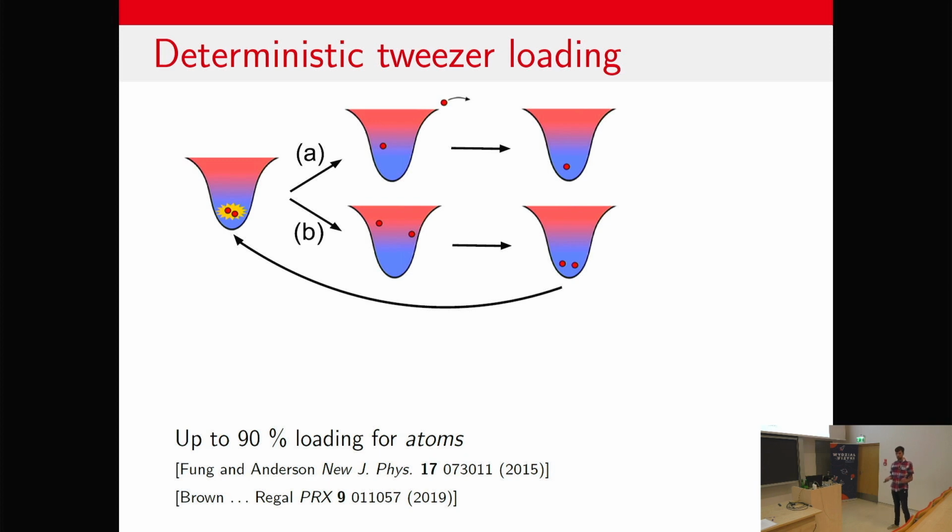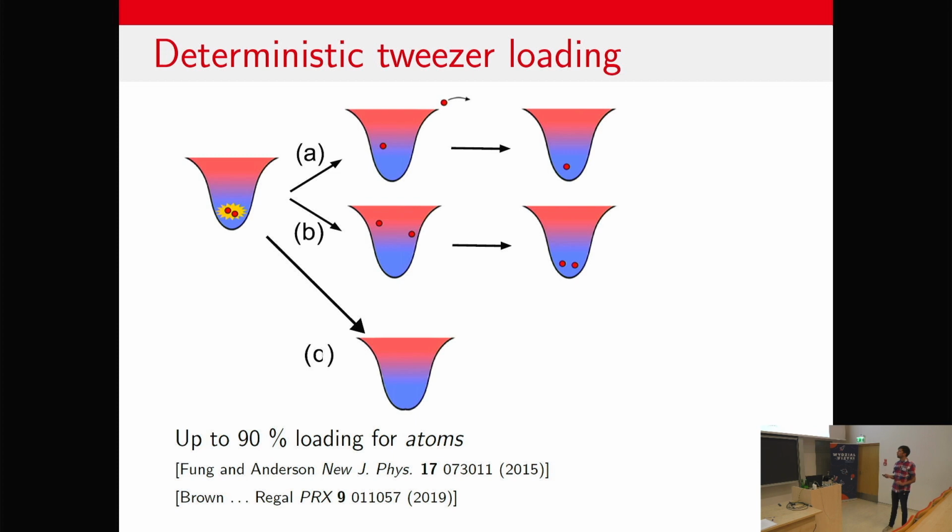I don't know if it's really impossible, but it just seems very, very hard. The problem is that you're continuously competing with the normal universal loss that also leads to loss of pairs of molecules. For atoms, you can do this with like 90% probability, but for molecules, it's not so clear that you can do the analogous thing.